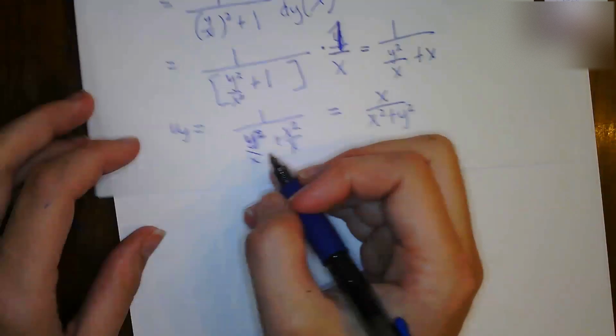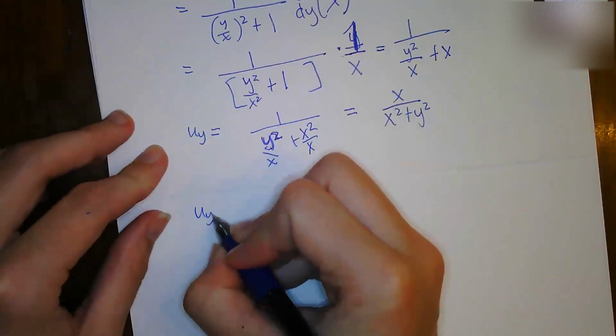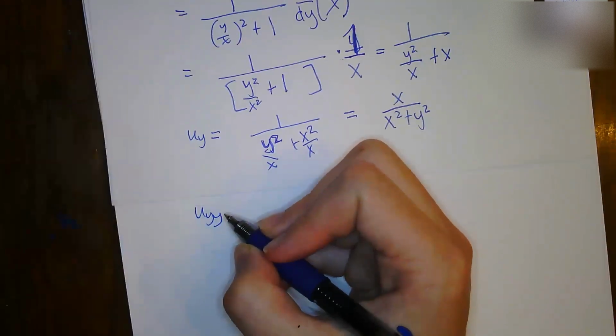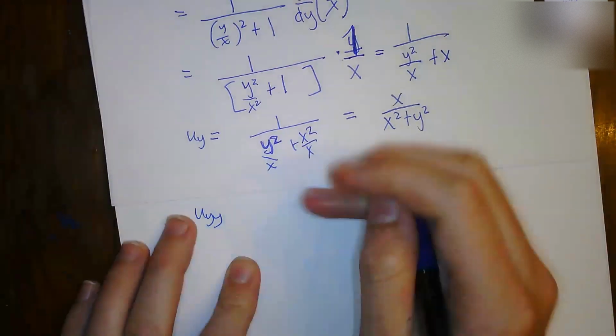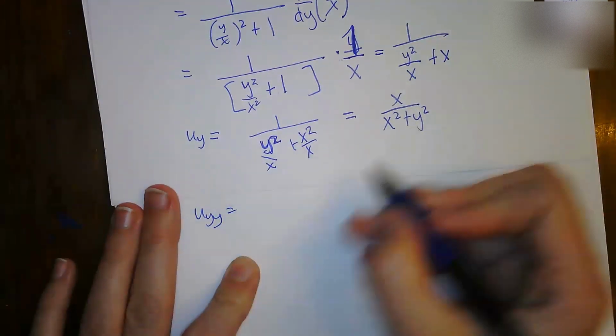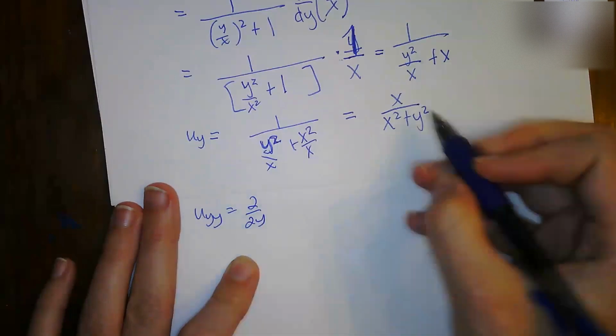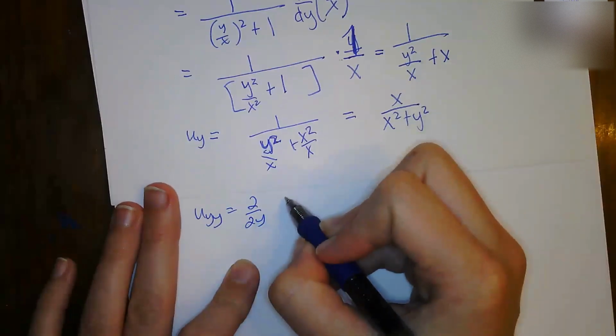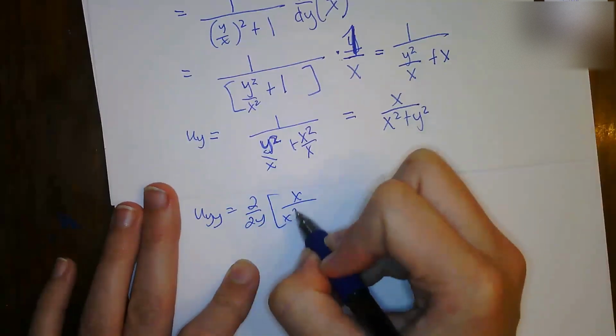But we actually need to get the second partial derivative of u with respect to y, and that'll be, we want to take the derivative of this term that we just found, which is x over x squared plus y squared.